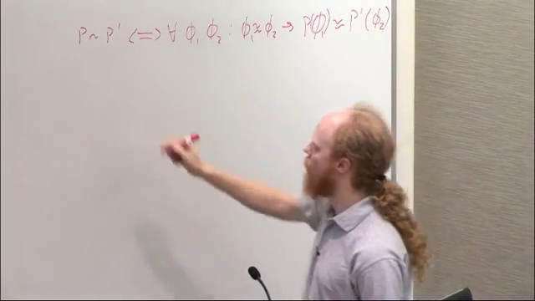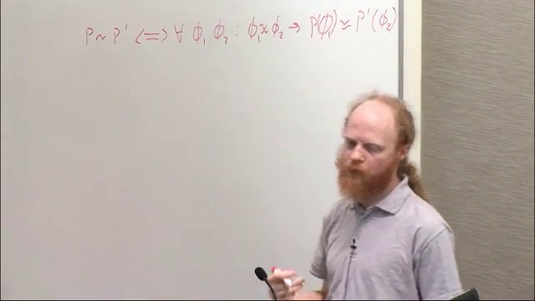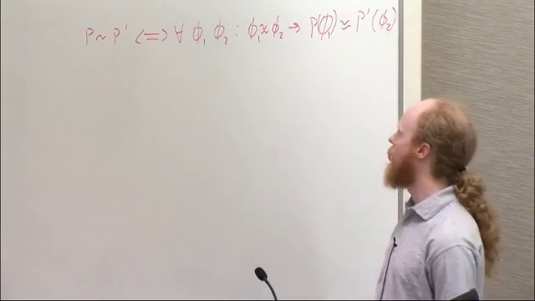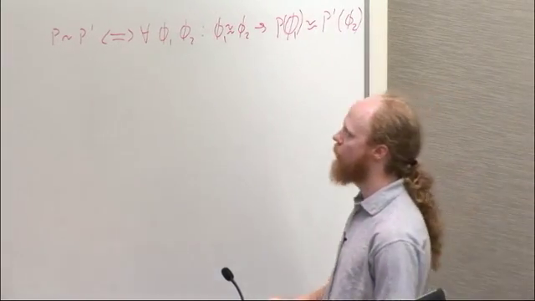So that's what we're trying to establish, that running the two versions of the programs from isomorphic initial states, we reach isomorphic final states.